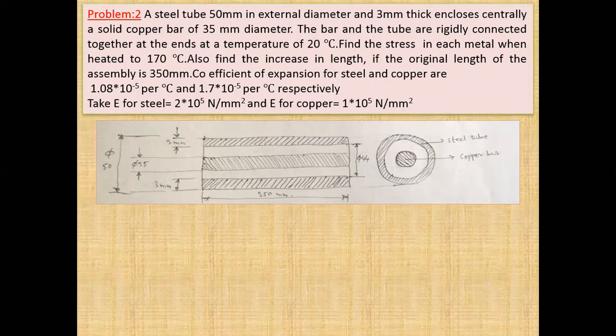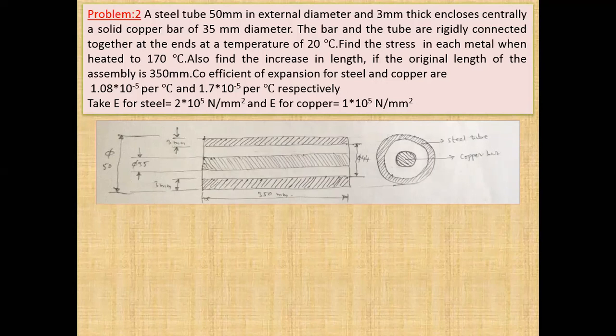And in the same manner, while copper tries to move faster than the steel, it pulls the steel towards it, thereby subjecting the steel material to tension. So the actual expansion of the steel would be more than what it would have been if it were expanded freely.